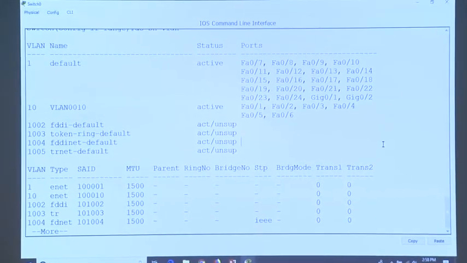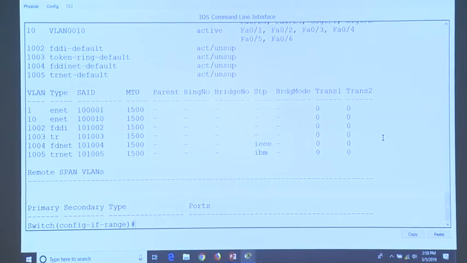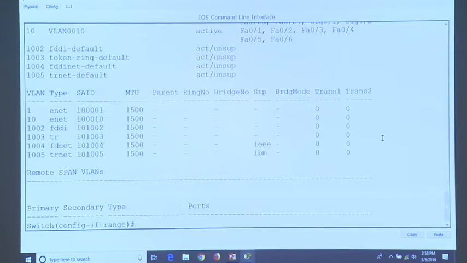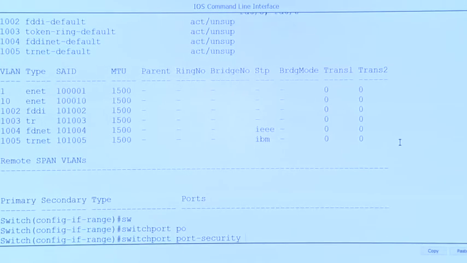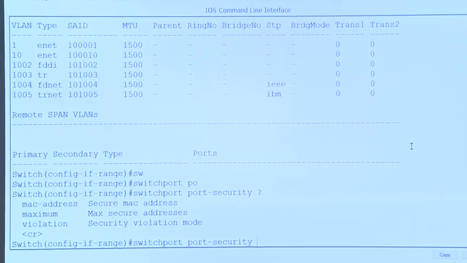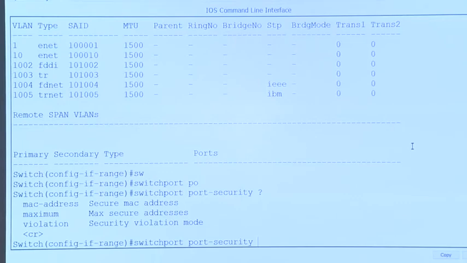Now, if I want to secure those ports, I have something called port security. So if I type in switchport port-security and I put in a question mark, I have a couple choices here. On each of the 6 ports that I have in this range, from 1 to 6, I can say this is how many MAC addresses that I want on these ports.